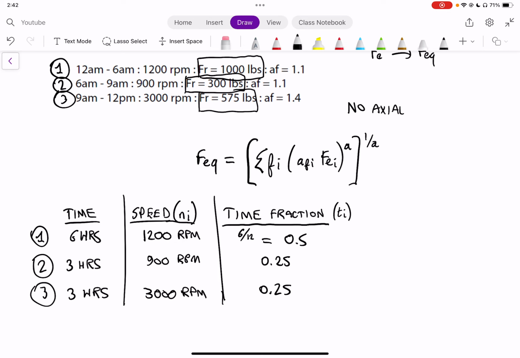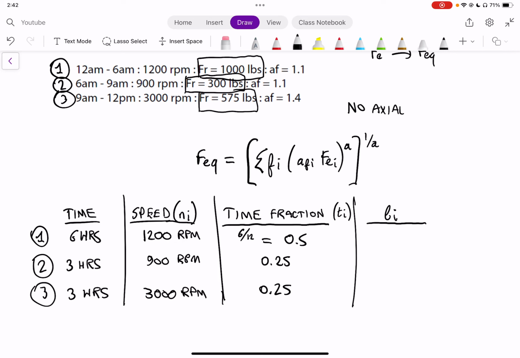Now, once we have the time fraction written down, the next term that we can write down is L sub i. And L sub i is essentially the number of revolutions for each system, but in a total form or in a fractional form, essentially.